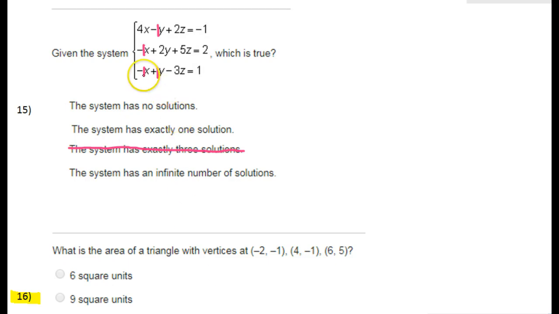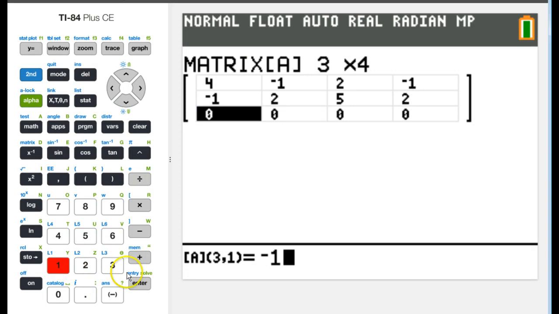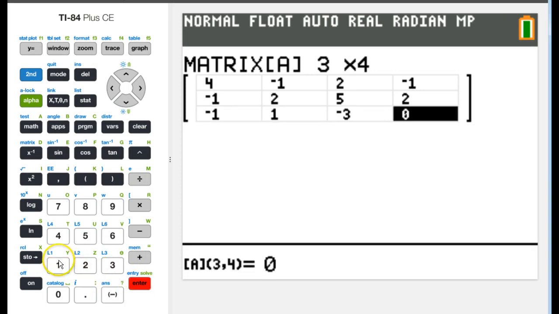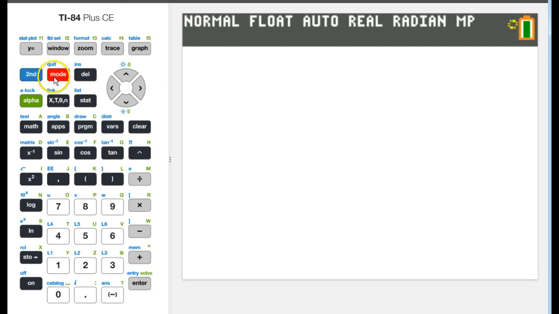And the final row is -1, 1, -3, 1. Alright, so that's matrix A. So let's quit our way out of here.